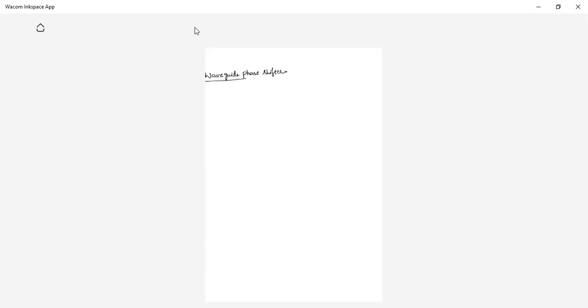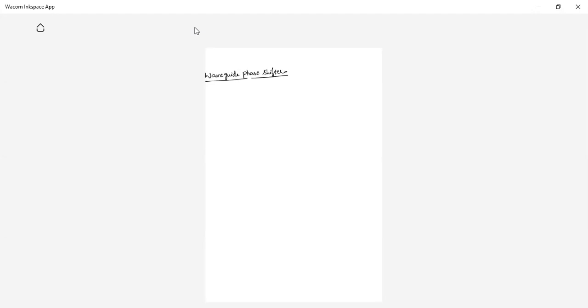What is a waveguide phase shifter? The last topic in this unit is waveguide phase shifter. Phase shifters are used to shift the phase of the electromagnetic wave of a given frequency propagating through the waveguide.